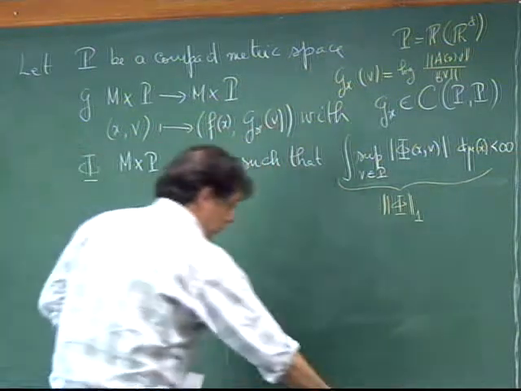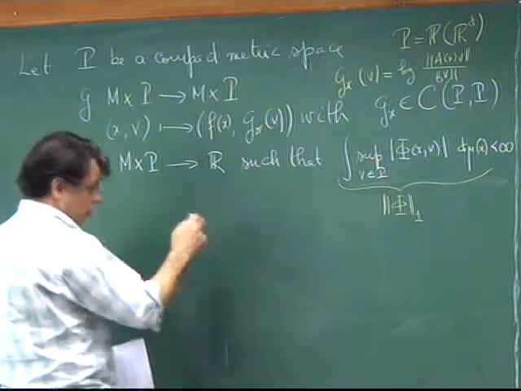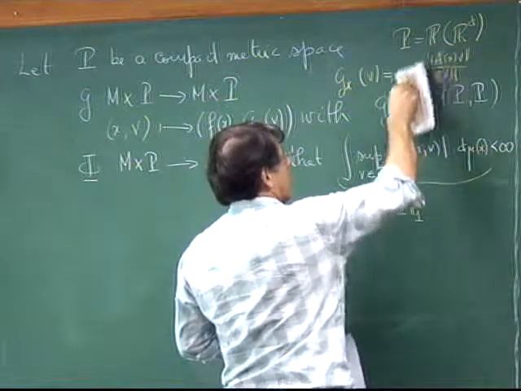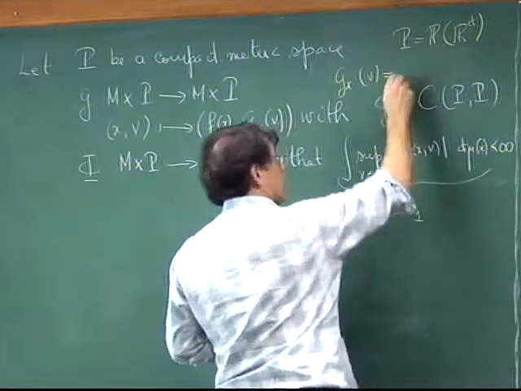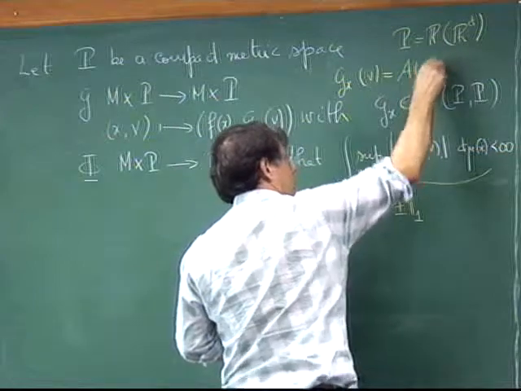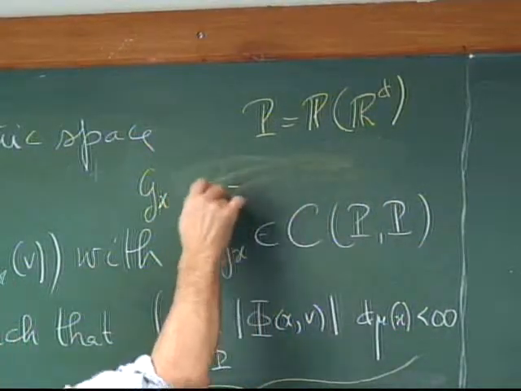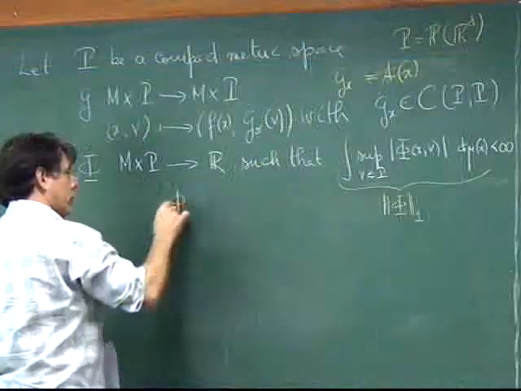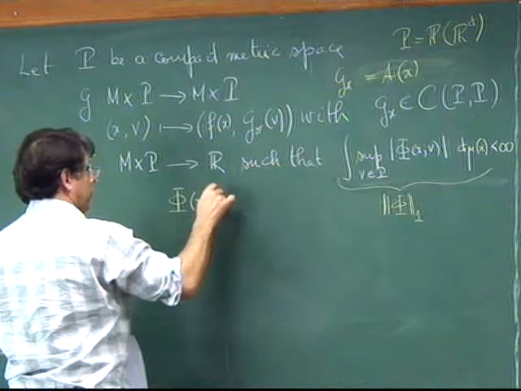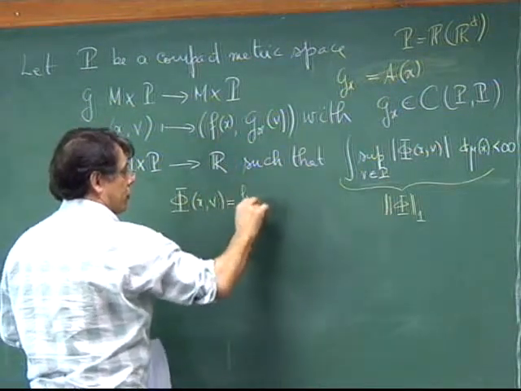And again, the situation we are interested in is when, sorry, this is wrong. This is a_x of v. So g_x equals a_x, a of x. And here, the case we are interested in is, in the projective space, this function here.